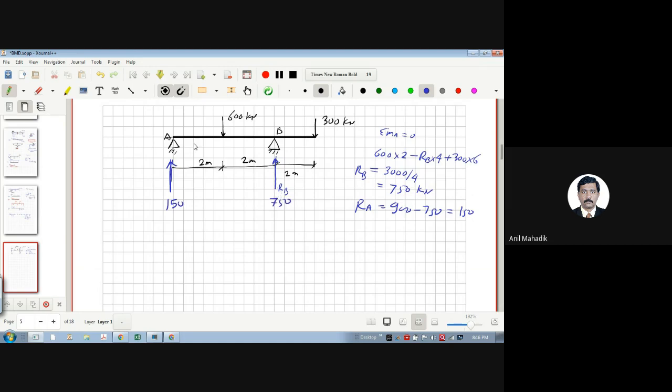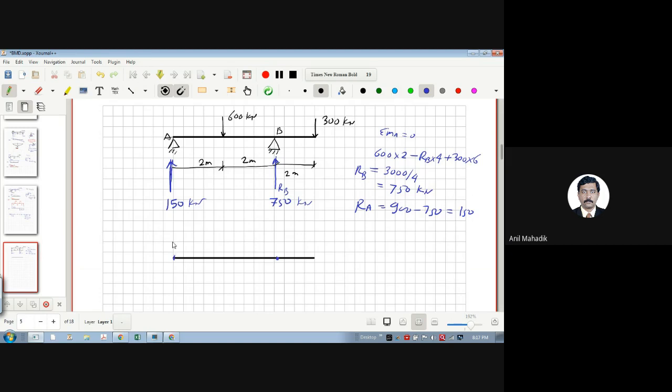You have the reactions. Will there be any moment at the support? No, sir, because these are pin supports, hinge supports. Now tell me the shear force diagram. Shear force is very easy. Moment may be a little tricky. Here is a support point.